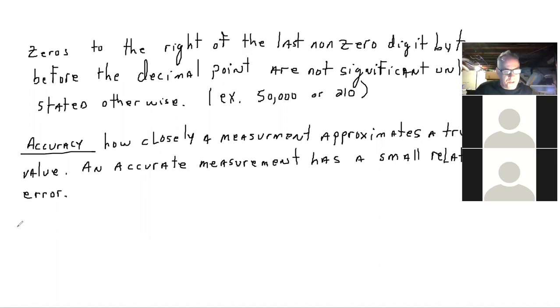All right, now precision, the word precision, and how we're differentiating that from accuracy.